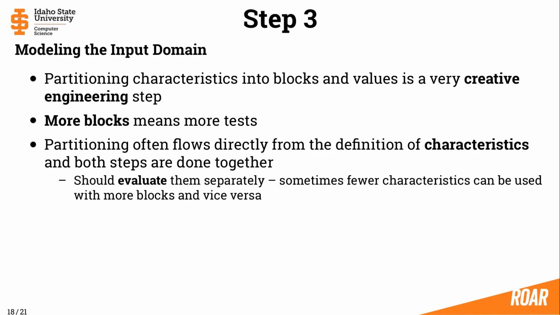But we have to understand that if there are more blocks, that means we're going to have more tests. Partitioning can flow directly from the characteristics, and both steps can be done together. We should evaluate them separately, but fewer characteristics can be used with more blocks and vice versa. So you have to find the right balance point when you're doing this.